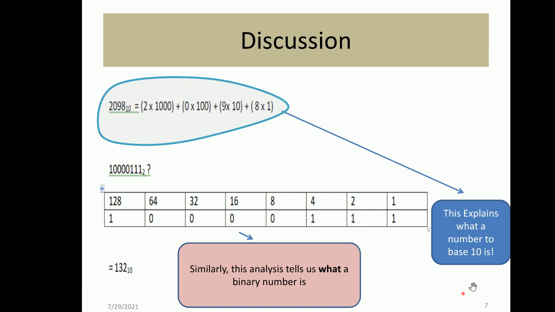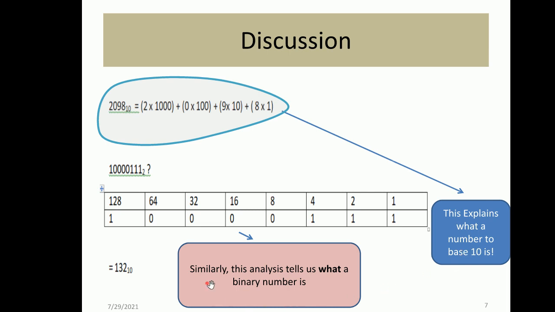Okay, so what I'm claiming, and you might not like this, you might not think it's the best way, is that if I analyse a number with a particular base in this way, as a sum of powers of the base, I can explain what a number to that base is.